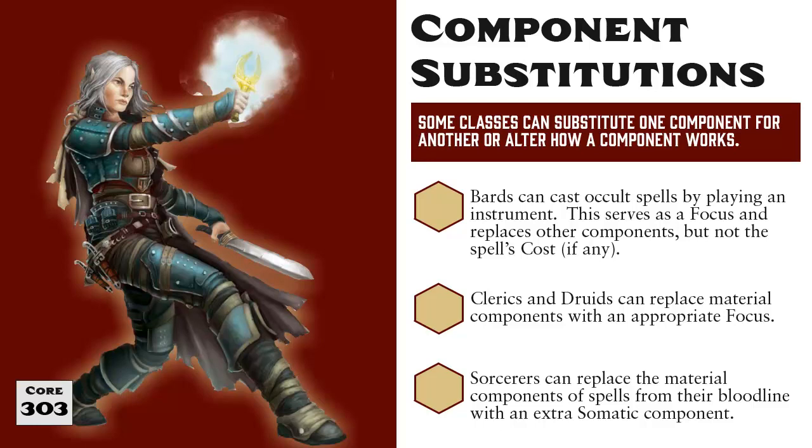If a bard can convince the guard to give them their harmless flute, or if they let a cleric keep their holy book, then those characters have all of the materials they need to cast their spells. But I'll also be the very first to say that the benefits of substituting components feels very limited compared to the amount of attention these get in the rules, so let me know in the comments if you found a creative use for substituting components in your games.